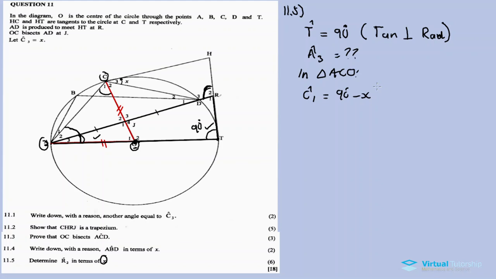Is it 90 degrees minus x? Yeah, 90 degrees minus x. So therefore C1, and C1 is also equal to CAO, which is equal to 90 degrees minus x.